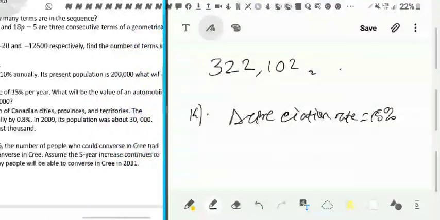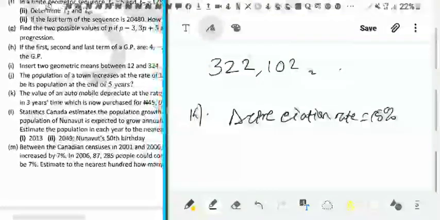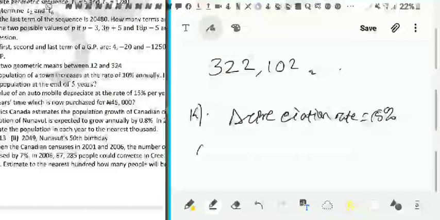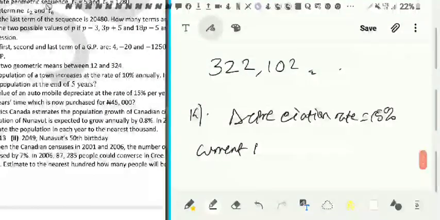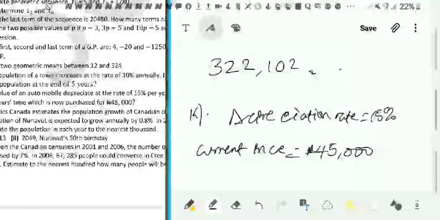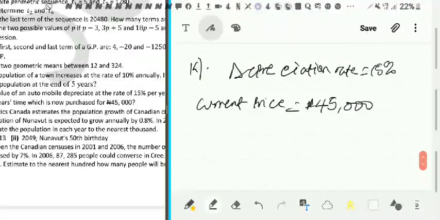It is not increasing, it is decreasing. What will be the value of an automobile in 3 years' time, which is now purchased for 45,000 naira? So the current price is 45,000 naira, and it's depreciating at the rate of 15% per year.